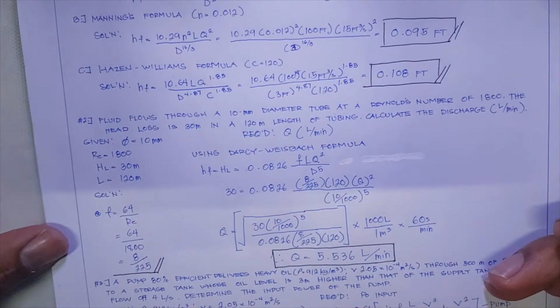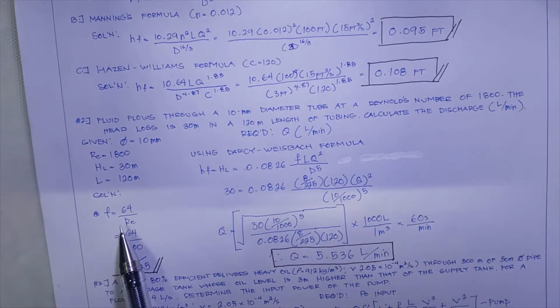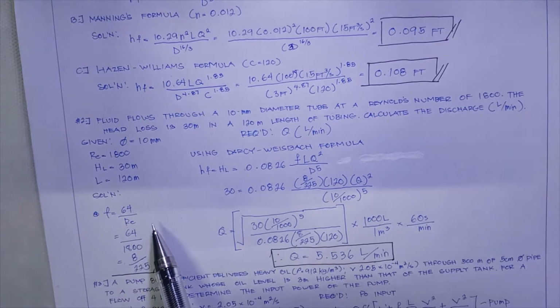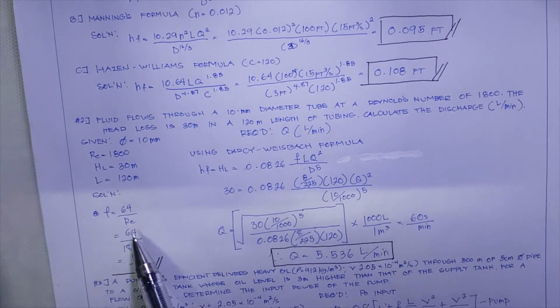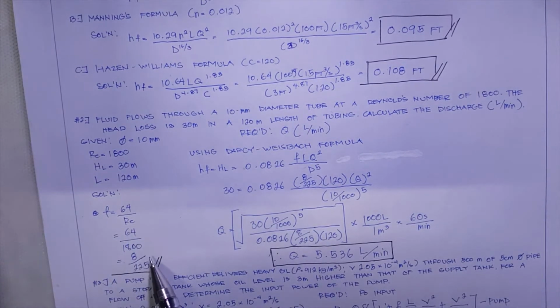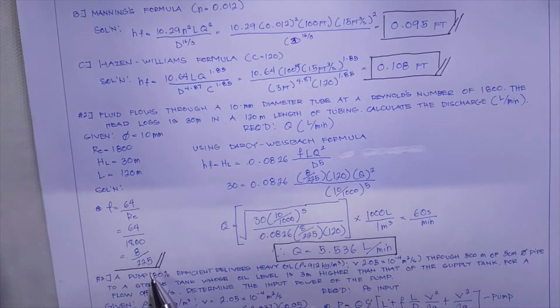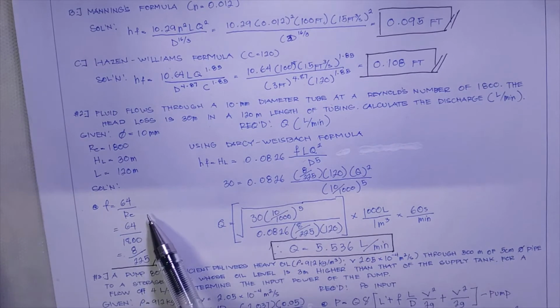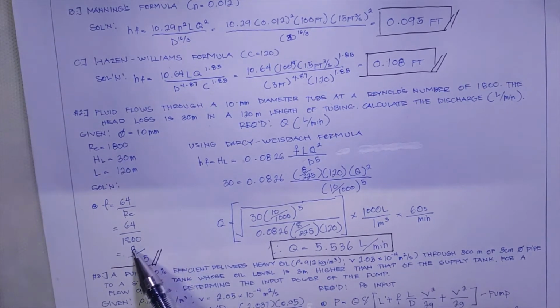So solution, using the formula F is equal to 64 over Re, we'll find the value of F using the value of Re. So substituting the values, 64 over 1,800 is equal to 8 over 225.